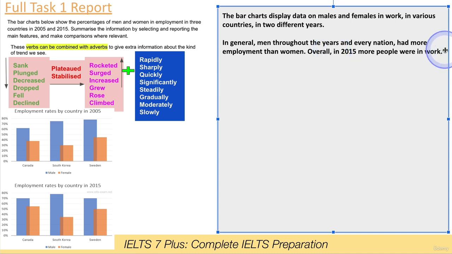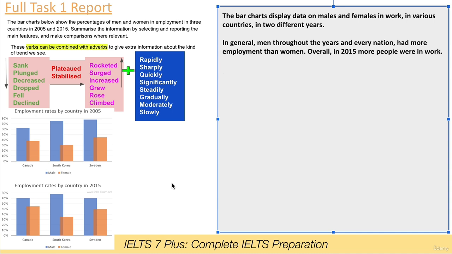Okay, so you're noticing that we're not being specific here. We're just using sweeping statements to introduce the data, really. So in general, men throughout the years in every nation had more employment than women. Overall, in 2015, more people were in work. Okay, and we're using past tense because these years have gone by now.